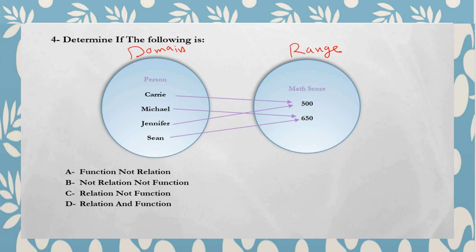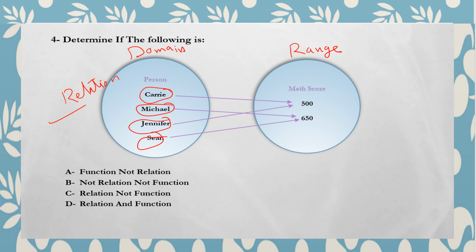We would like to know if this is a relation or not, and as we just said, it is a relation if each element in the domain corresponds to at least one element in the range. And here each person has a math score in the range. So this is a relation.